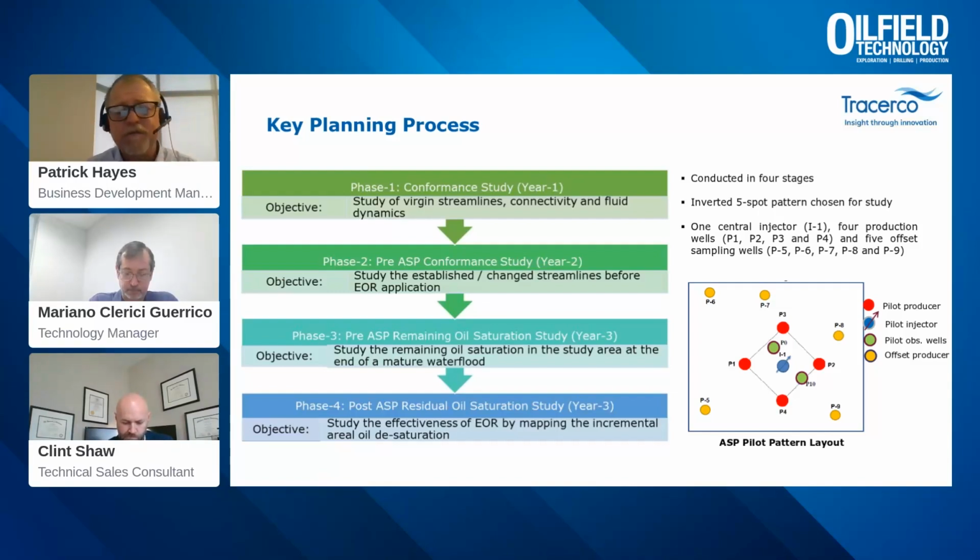First, looking at the conformancy between the producers and the particular injector, the blue circle being the injector and the red circles the producers, yellows being existing offset wells. A passive tracer was applied to understand the conformance in the initial phase.